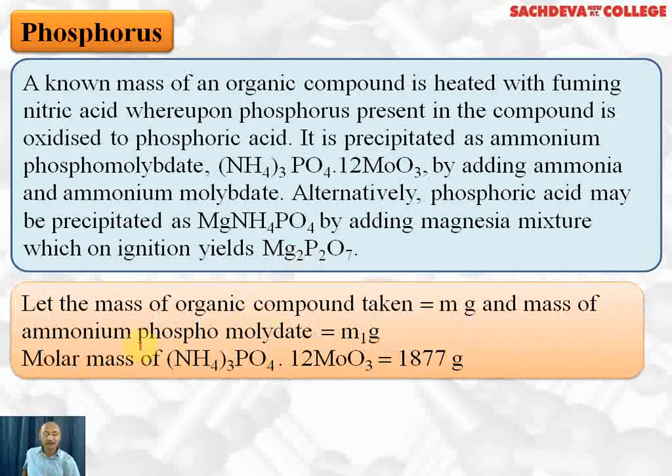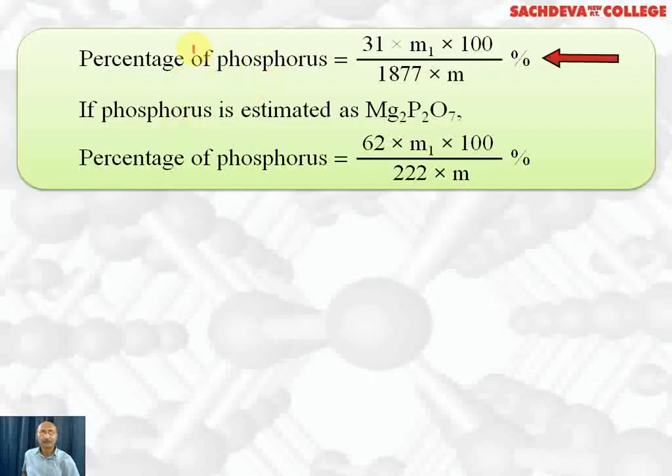There are two methods. First method: let the mass of organic compound be m gram and the mass of ammonium phosphomolybdate be m1 gram. The molar mass of ammonium phosphomolybdate comes out to be 1877 gram. So the percentage of phosphorus will be 31, which is the atomic weight of phosphorus, divided by 1877, into m1, the weight of ammonium phosphomolybdate formed, into 100 divided by the weight of organic compound.